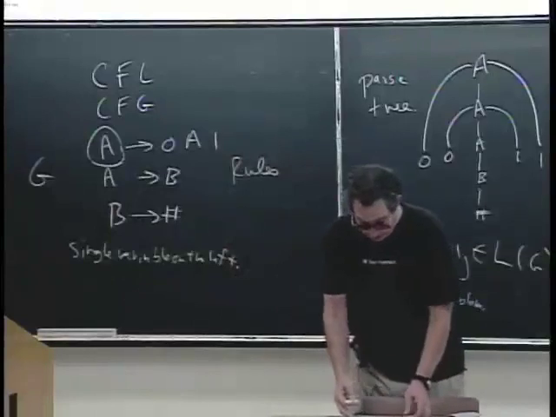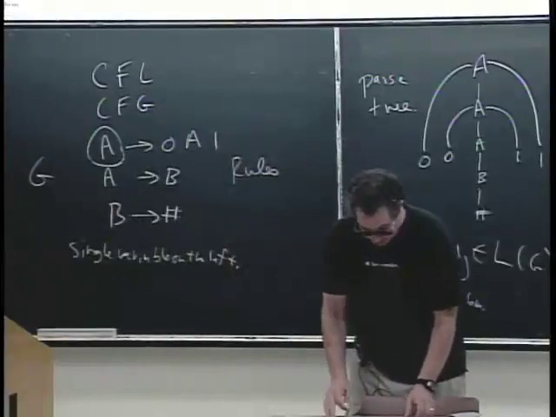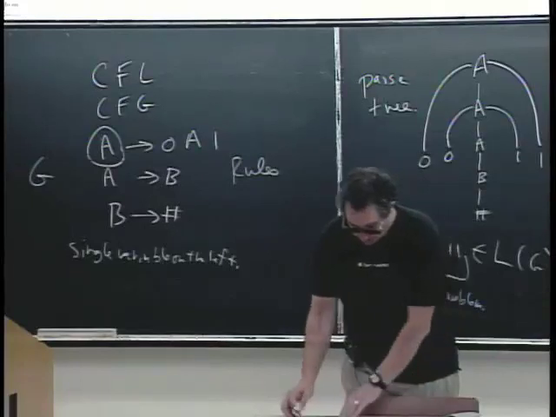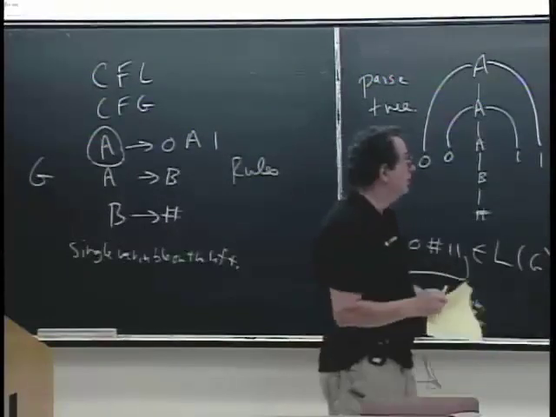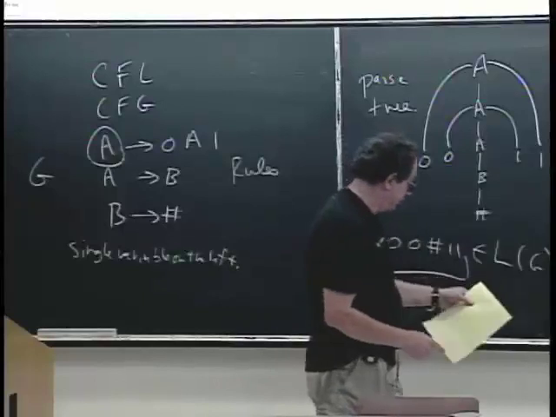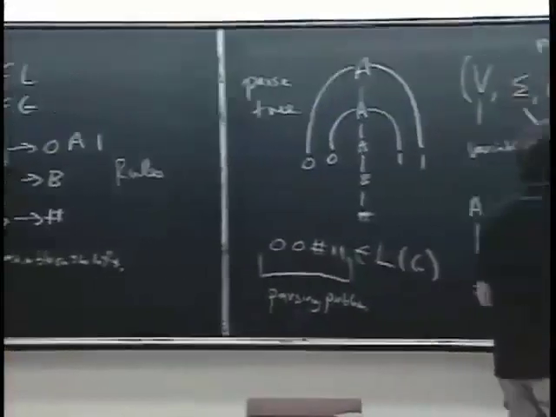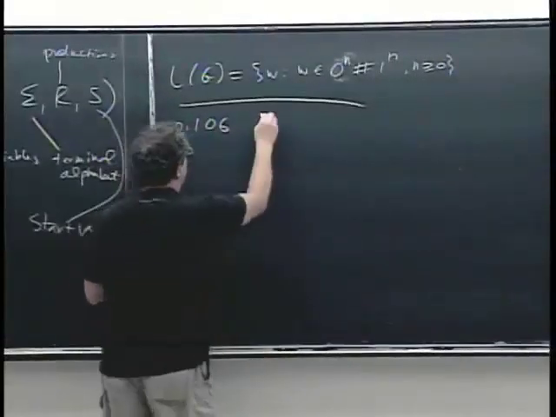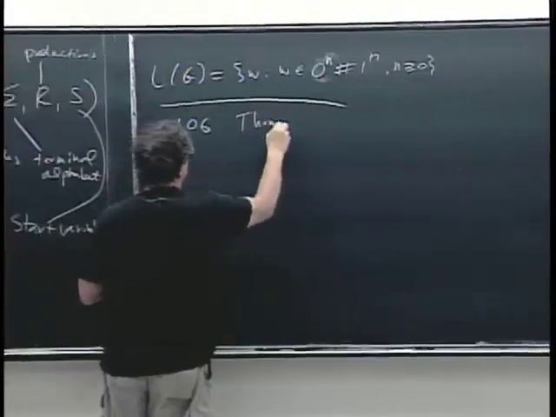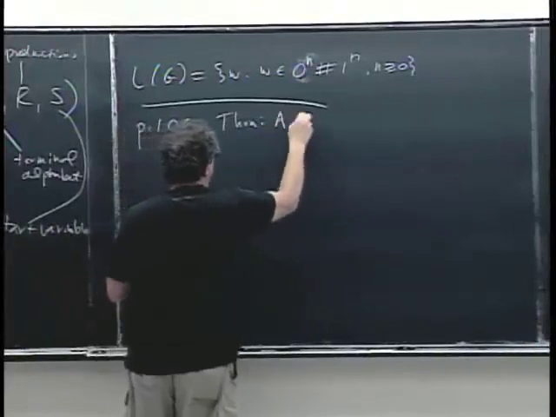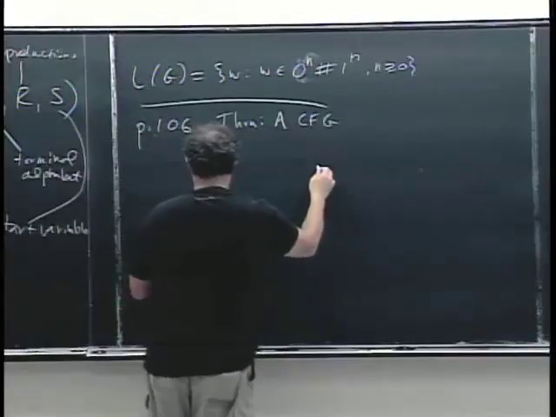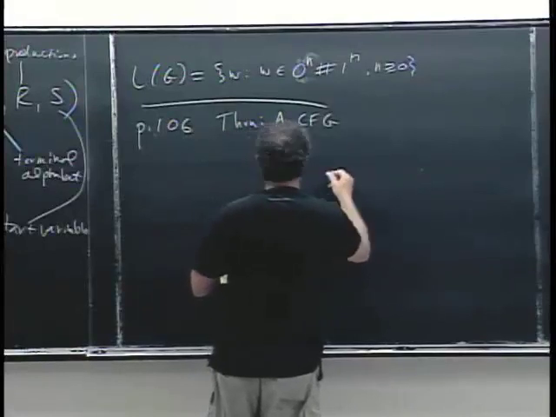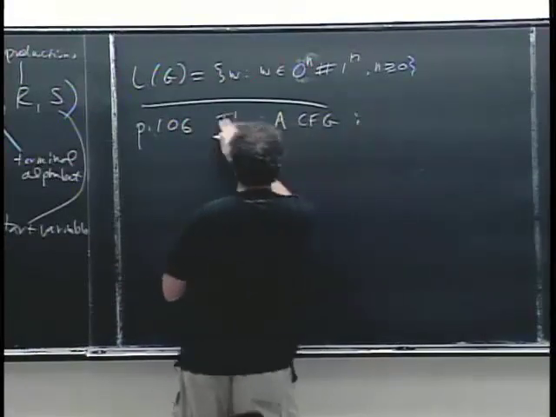Okay. Now, I want to state a result we're not going to prove. It is actually, I think, partly proven in the book, maybe all of it. Page 106, the following theorem: a context-free grammar, well, this is actually, first of all, a definition.